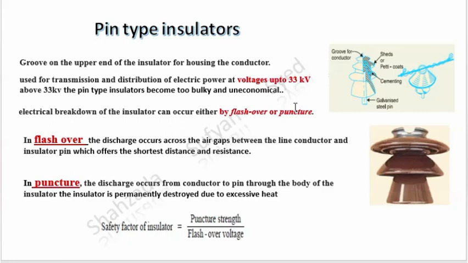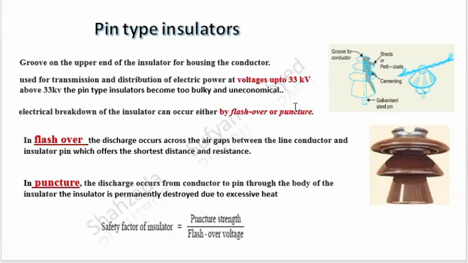While in the puncture, the discharge will occur from conductor to pin through the body of the insulator, and this occurs when the insulator has pores and threads. The insulator is permanently damaged due to excessive heat. Such types of breakdowns are known as puncture breakdown.